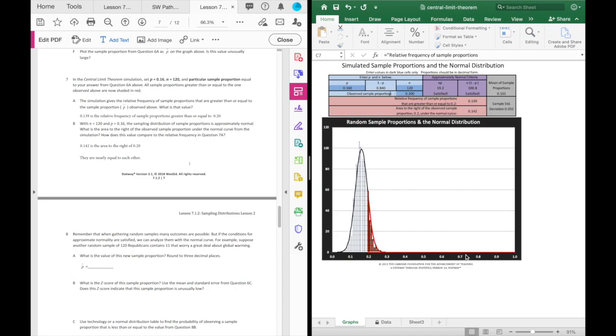Another way to think about it is this is the proportion of samples that gave us more than 20%.